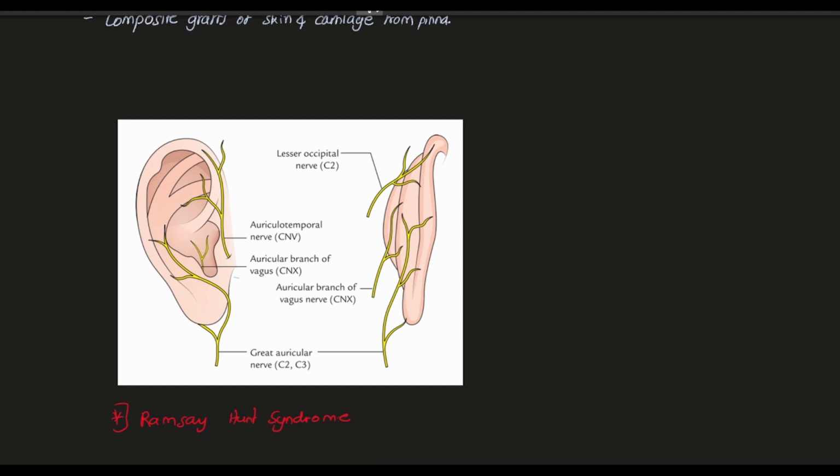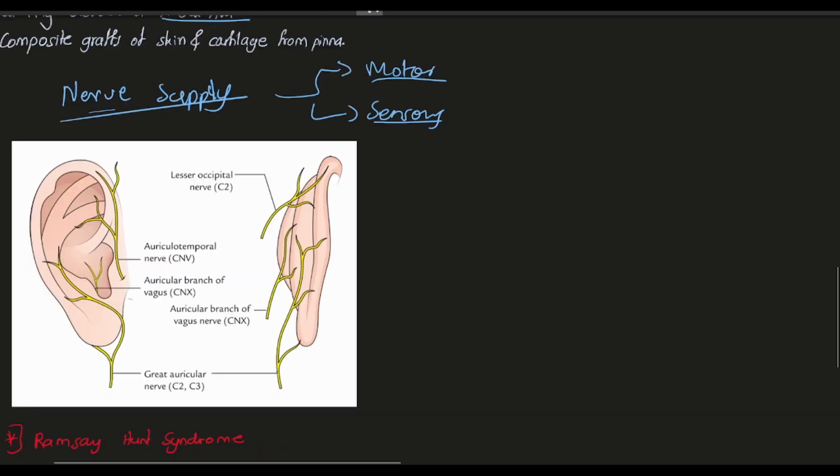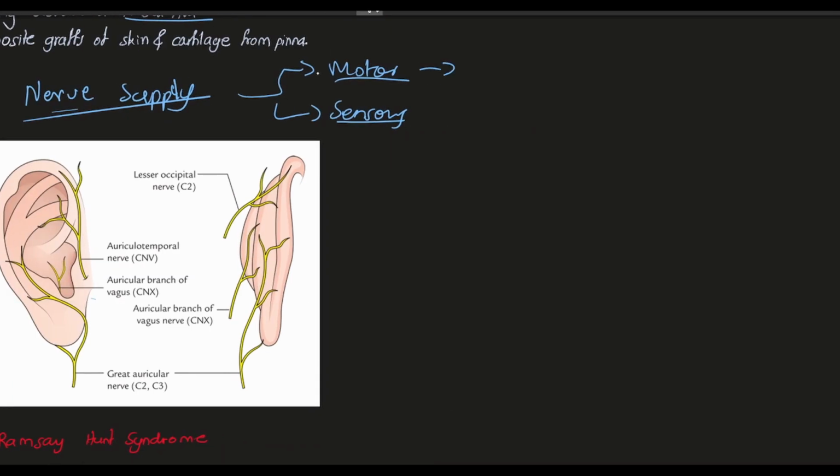Now let me talk about the nerve supply. Our ear has both motor as well as sensory nerve supply. The motor nerve supply is mainly by the facial nerve.